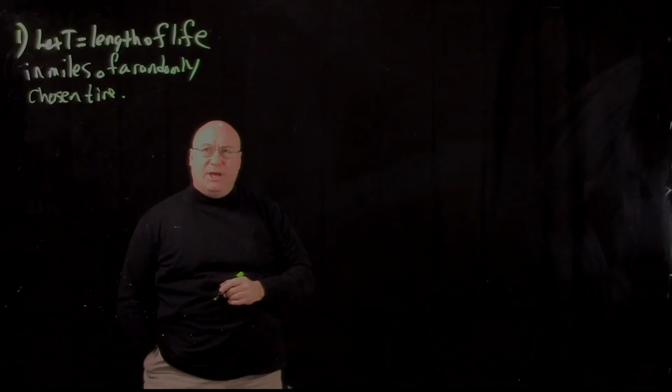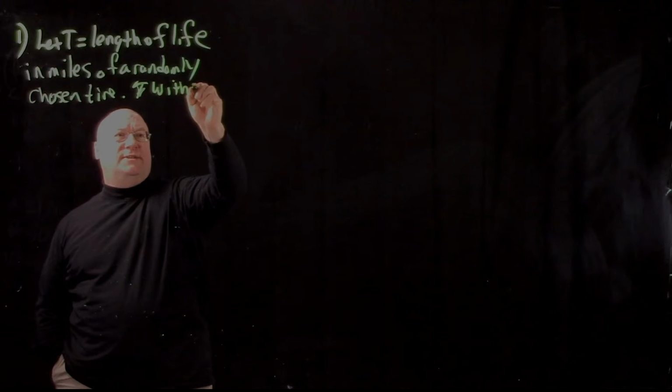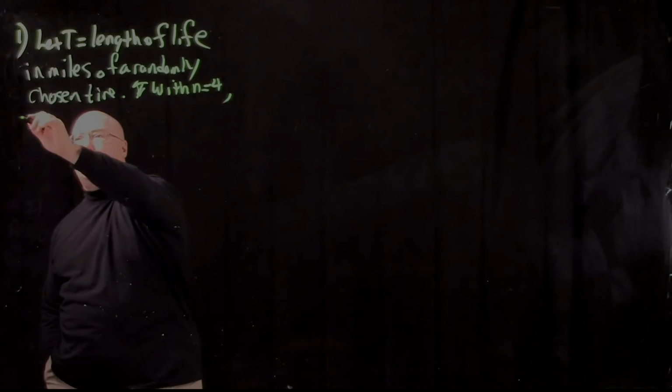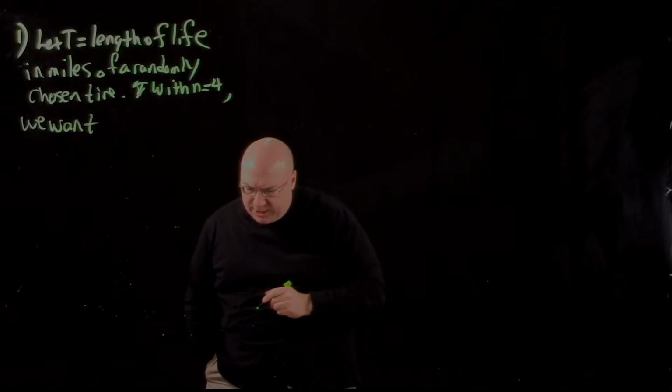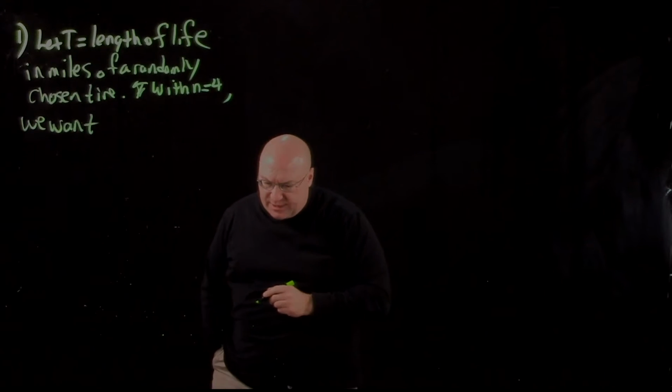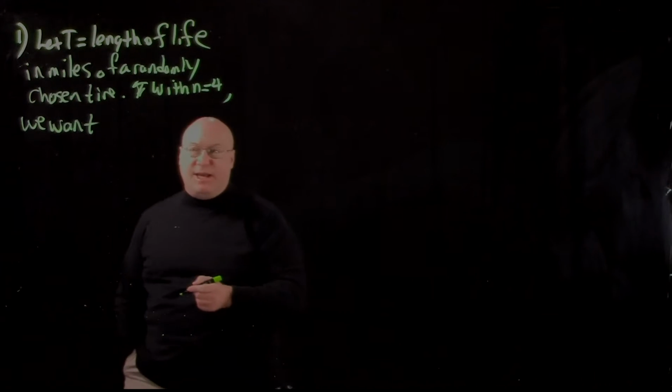With the sample size n equal 4, what we want is, so let's read it. What is the probability that the mean of this sample of size 4 will be less than 58,000 miles?